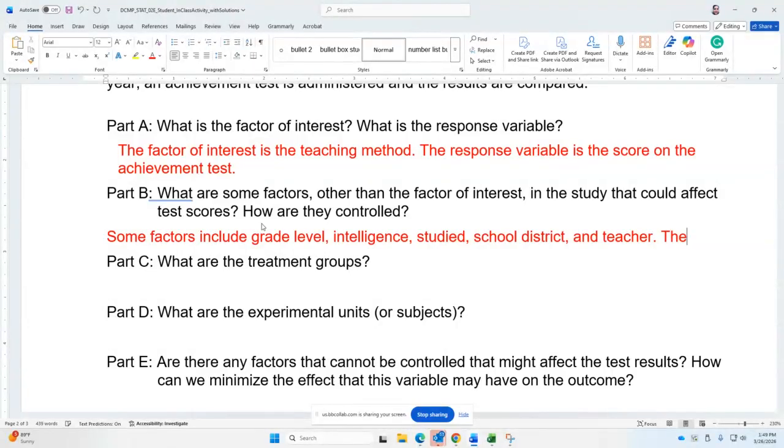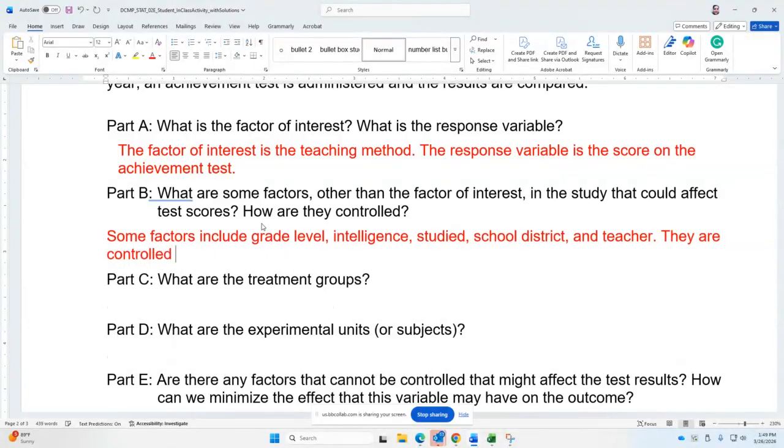So how are they controlled? So they are controlled by fixing the teacher. What does that mean? The same teacher will be teaching both group 1 and group 2. That's fixing the teacher. The grade level, all first graders or second graders or third graders. So they're just going to look at that method.